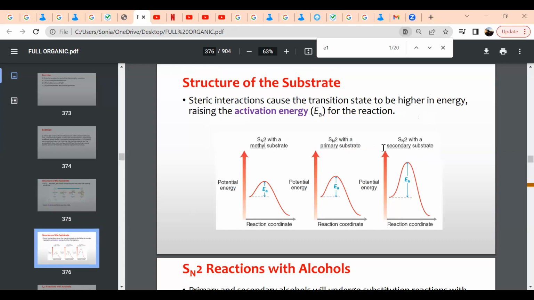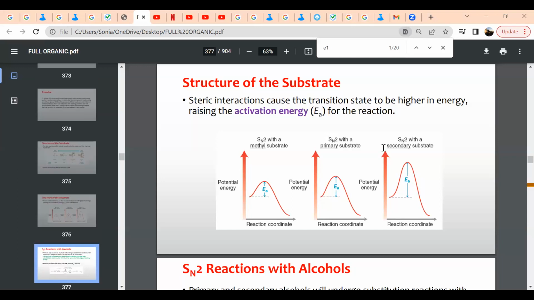This is basically just explaining what we've talked about. The activation energy for the reaction to occur will be higher, activation energy being the energy required for a chemical reaction to take place. So the more activation energy required, the slower the reaction. For a tertiary substrate, it will require the most activation energy for this SN2 to take place.